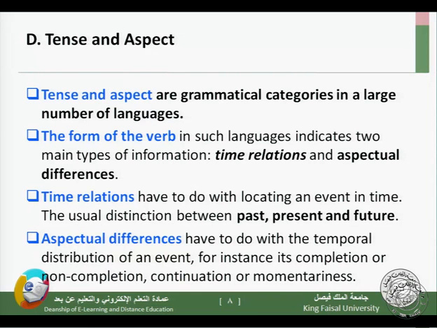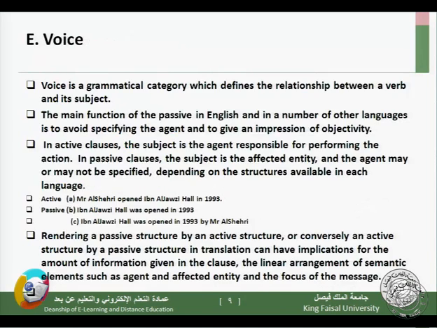Okay? So this is very important. Time relation, aspectual differences, very important when it comes to translation. Now, this is the most difficult aspect of grammatical problems in translation, and to be honest, in learning English as a foreign language, especially for Arabic-speaking students.